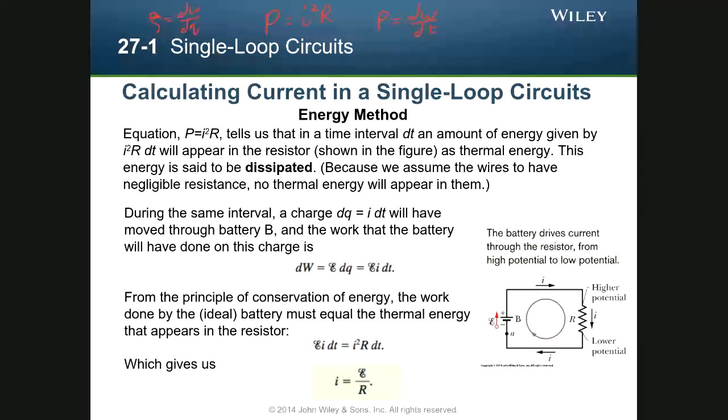So if we look at that, we make some assumptions here. We assume that wires have negligible resistance, so that if they have no resistance, no thermal energy will appear in them. And we also want to recall that I is equal to dq/dt, right?